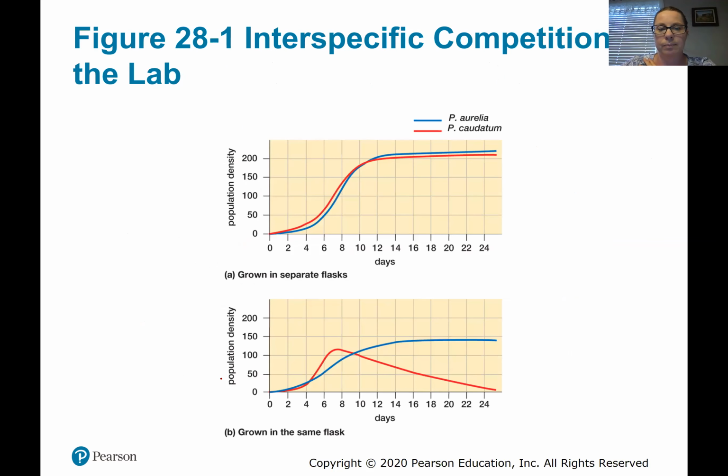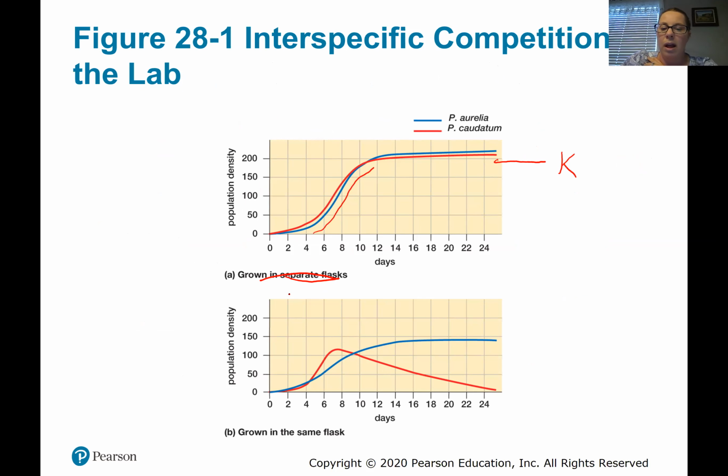Paramecium caudatum. If you look at them separately, living in separate environments, after about 10 days they reach their carrying capacity and survive just fine. They have similar growth rates here.